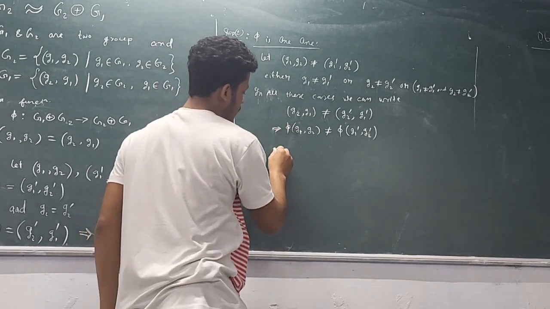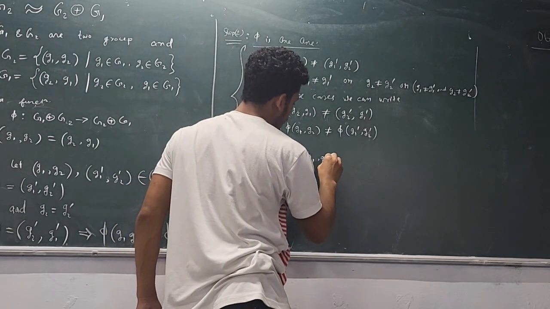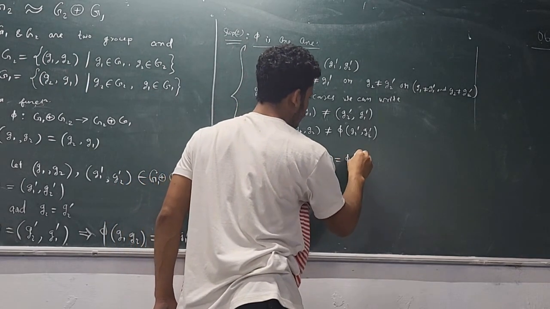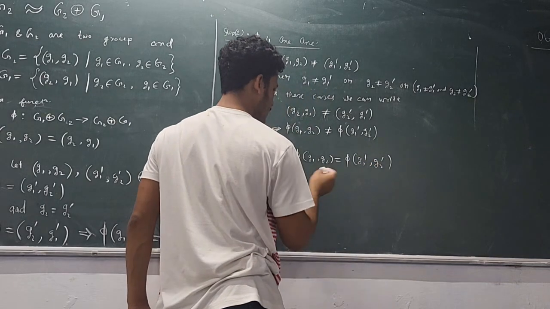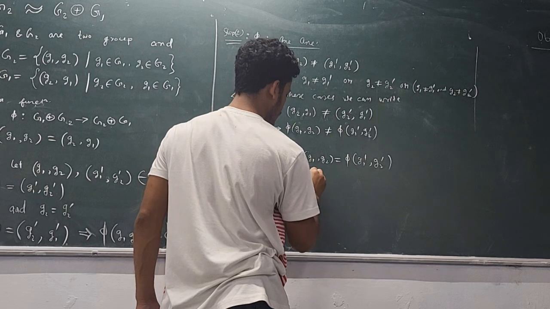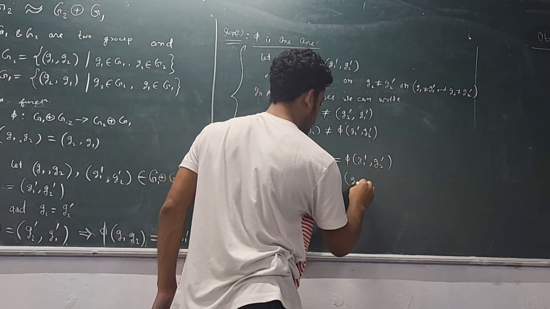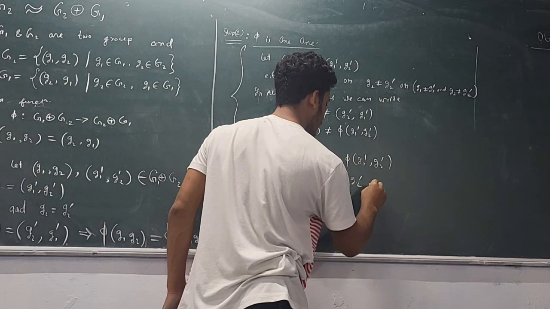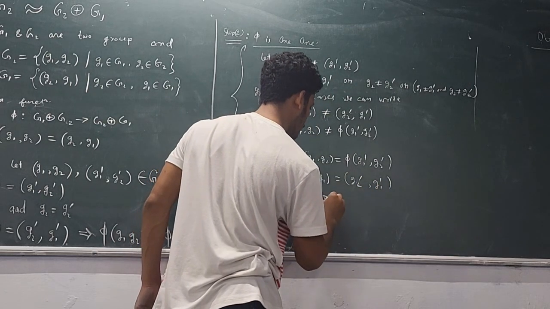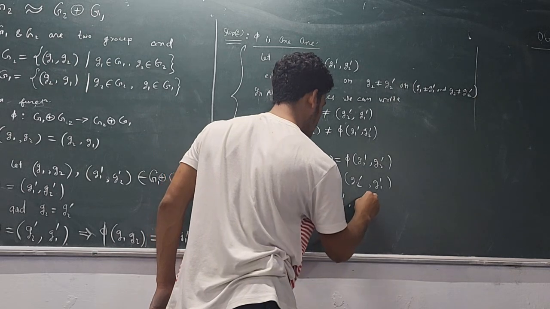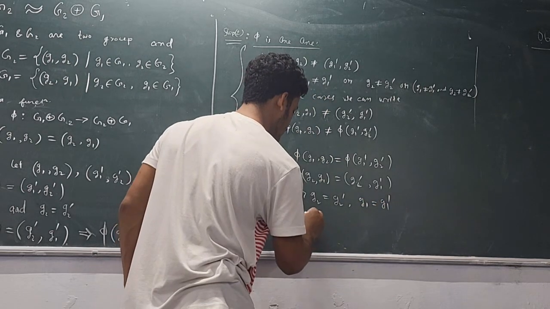Let phi of G1 comma G2 be equal to phi of G1 dash comma G2 dash. So this will imply this is equal to G2, G1 and it is equal to G2 dash comma G1 dash, and it will imply G2 is equal to G2 dash, G1 is equal to G1 dash. Okay.